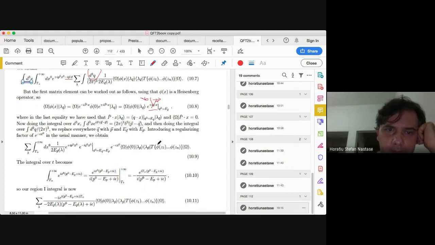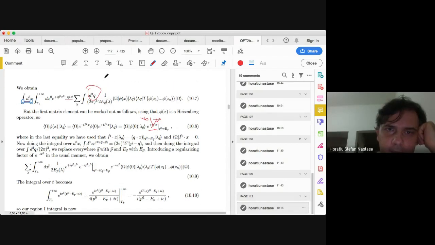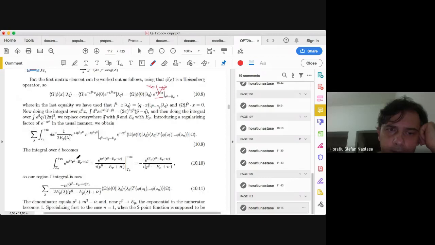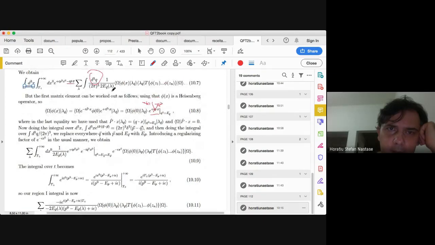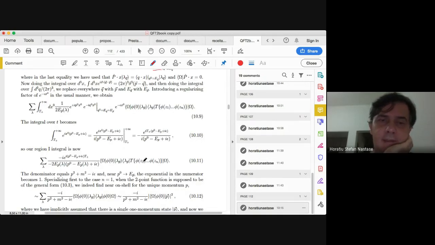Yeah, we have the sum over lambda, and then we have this propagator thingy, and then we still have the 1 over 2 E_q of lambda, but q was replaced with p, so minus 2 E_p of lambda. And then the matrix element at 0 and the lower n correlation function.